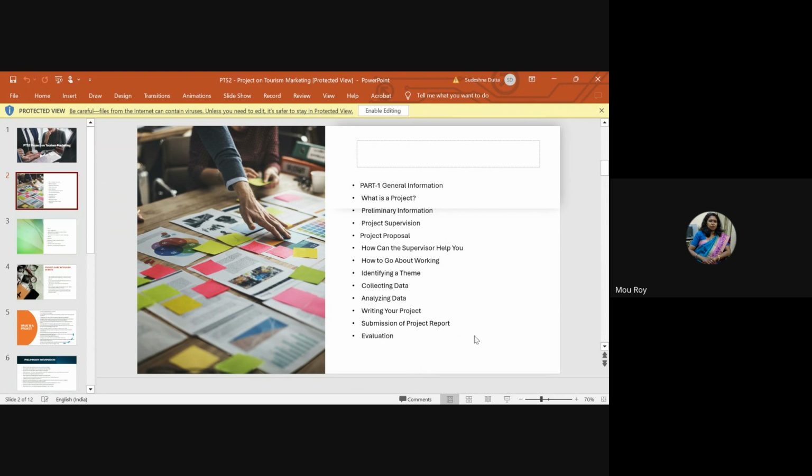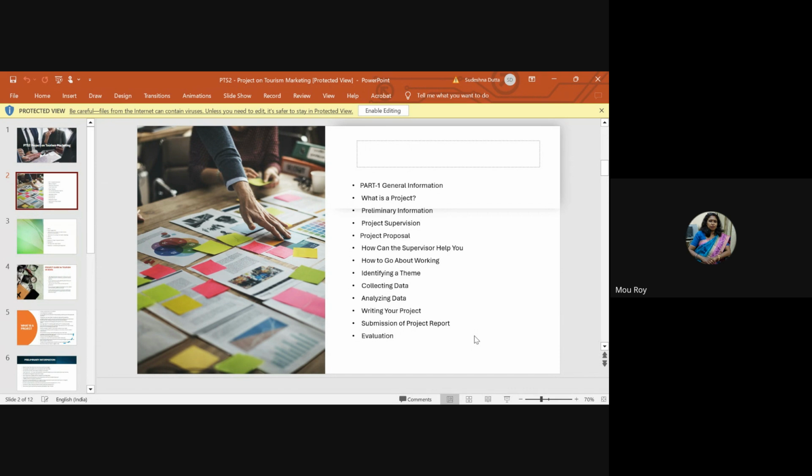Then, after gathering all the information, you need to have a project supervisor who will supervise you. First, the topic is on tourism marketing. You can select a relevant topic, but it should be on tourism marketing.